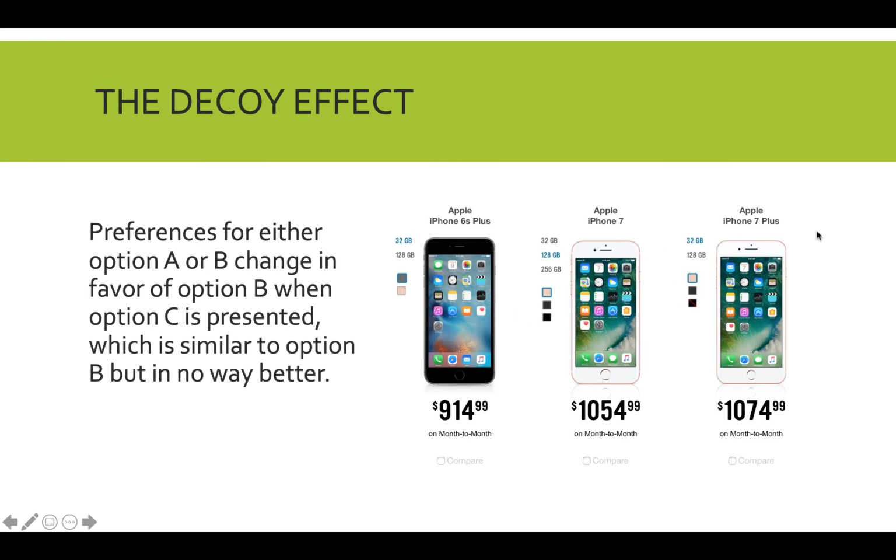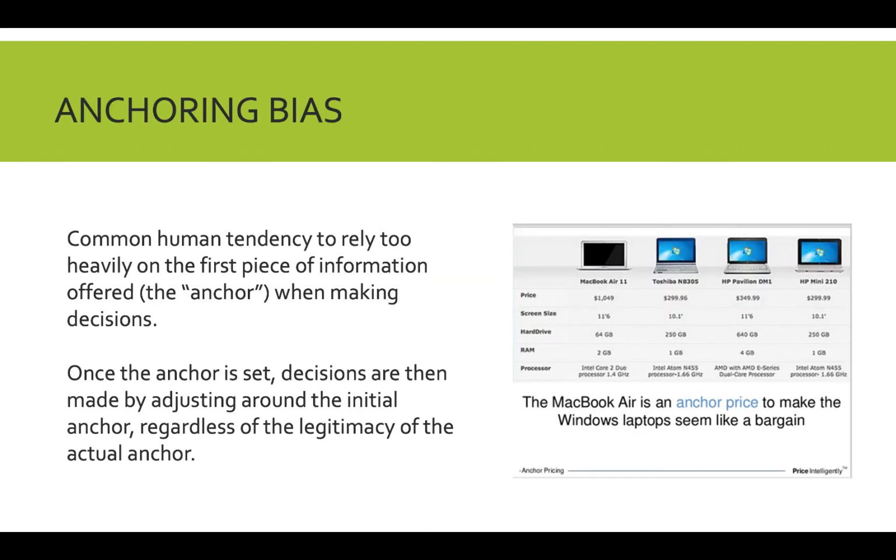But then when you get the third at a little bit higher price, the vast majority of people will select B, even though B may not be the best option. We play with this all the time. It's called an anchoring effect as well, the decoy effect. Or here's the anchor.